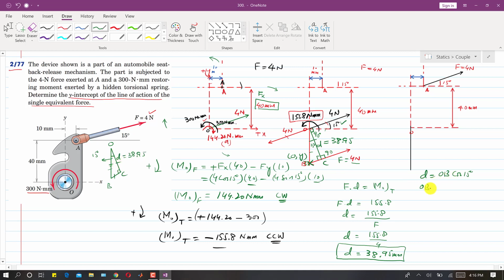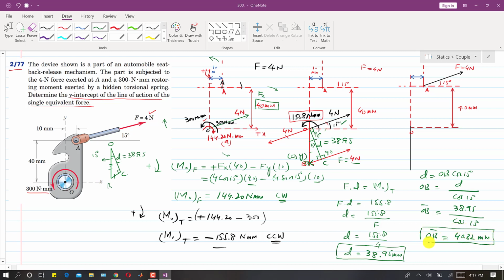So OB is equal to D divided by cos of 15 degrees. D is 38.95 mm divided by cos 15 degrees, so OB comes out to be 40.32 mm.